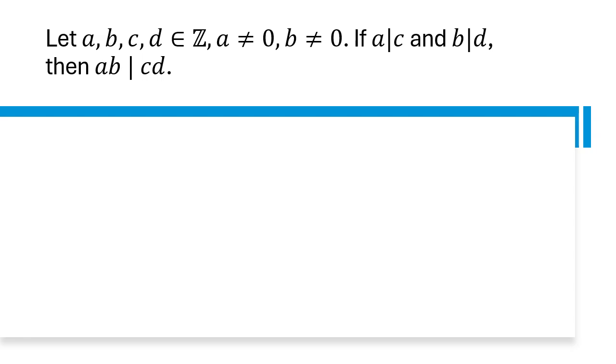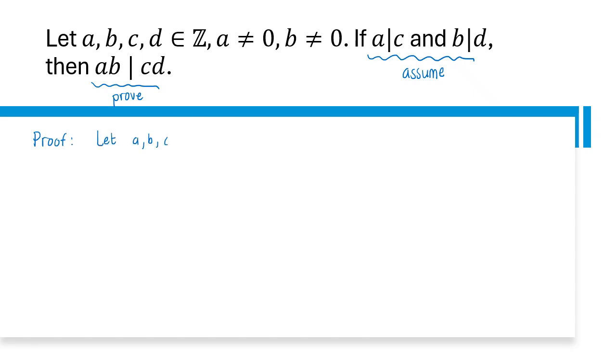So we are going to start by assuming the hypothesis. We will assume this part is true, and we are going to prove that this part, AB is a divisor of CD, is true. So let's set up our proof, and again, state everything that's obvious.